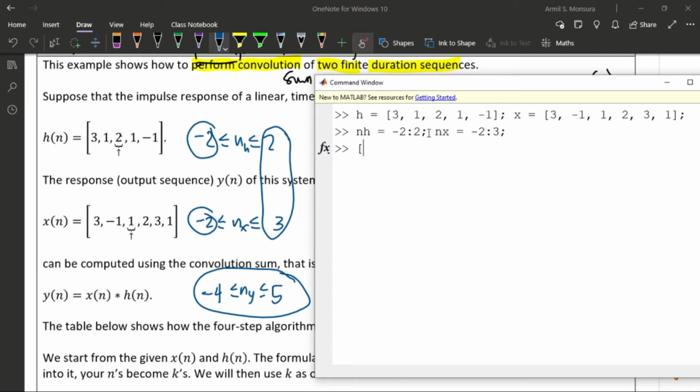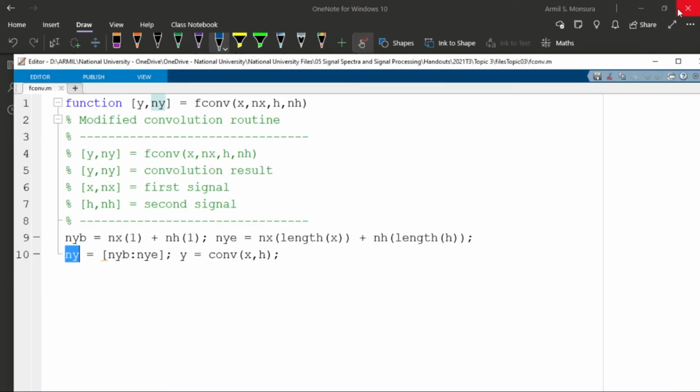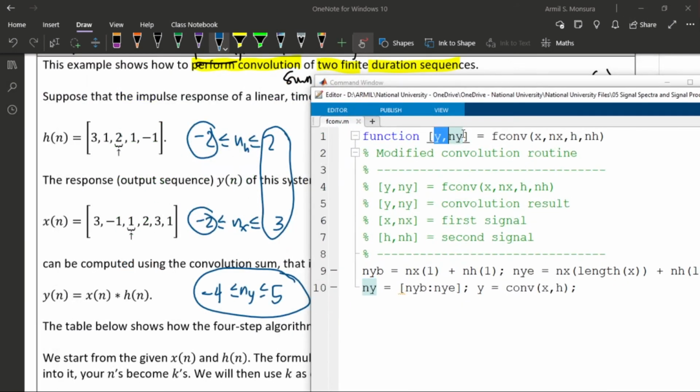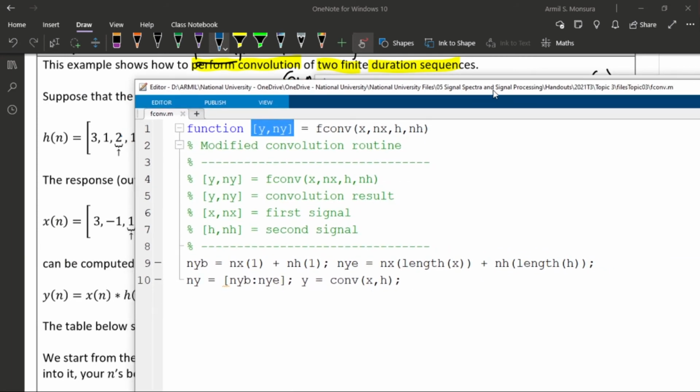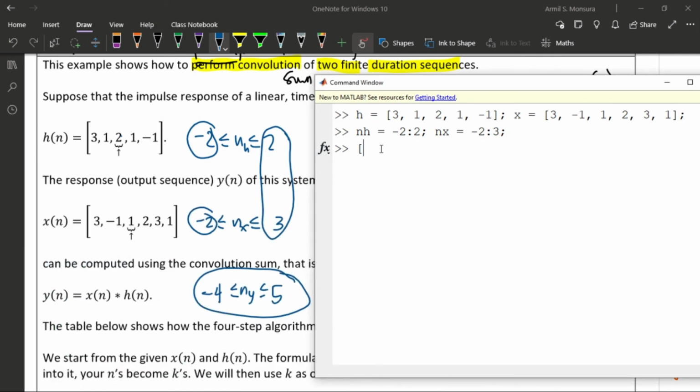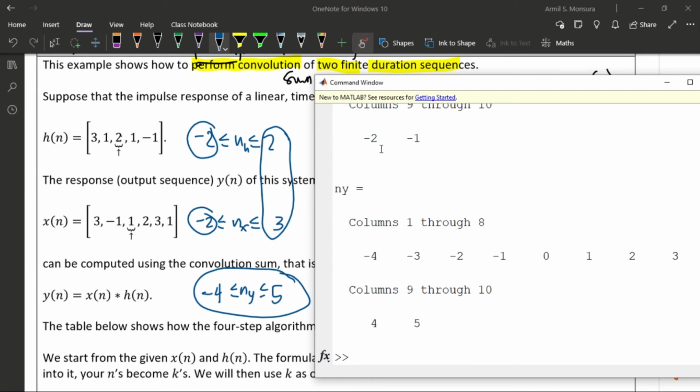Or the convolution, this f1 requires you to have two arguments. Kailangan may dalawang output arguments kasi kayo, so dapat ilagay natin siya sa array. So this is y at saka ny. Equal yan sa f, c, o, and b ng x, tapos yung time index corresponding to vector x, and then h, then the nh, the time index corresponding to vector h. Okay? So, evaluating that.